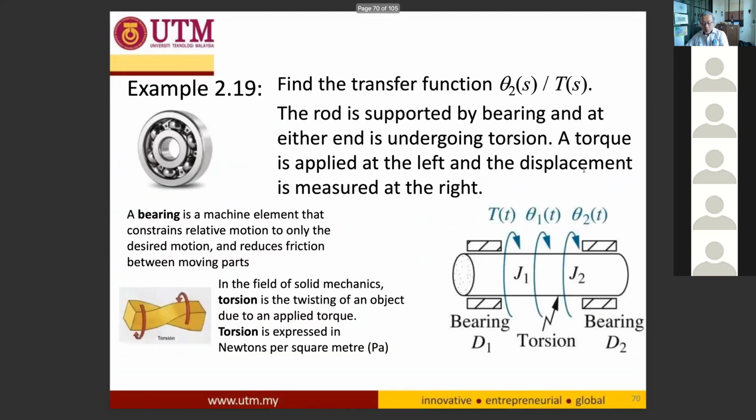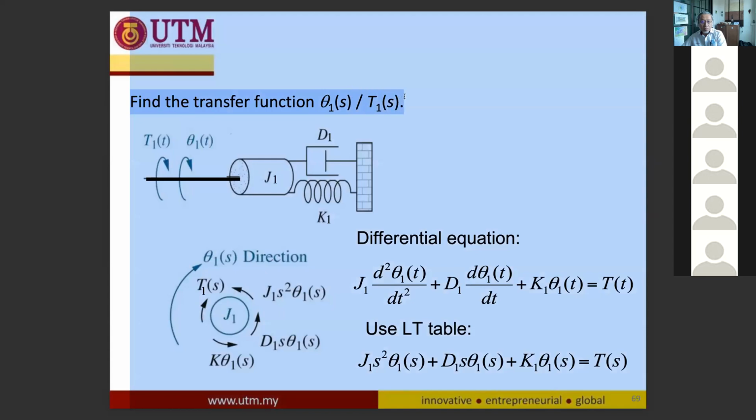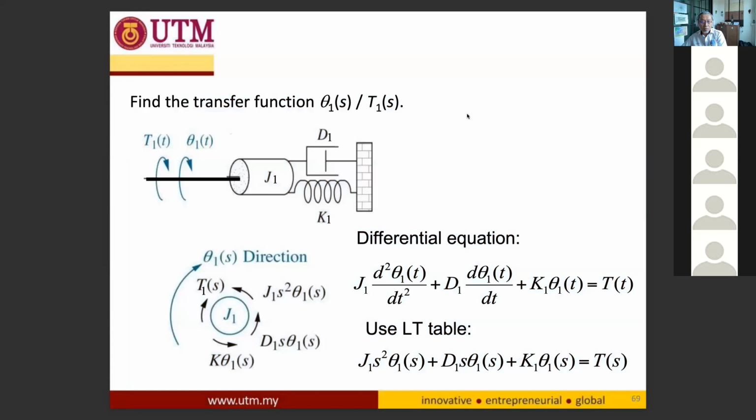So this is one of the examples of a simple rotational system, where you are required to find the transfer function theta 1 over T1. Theta 1 is the output and T1 is the input.